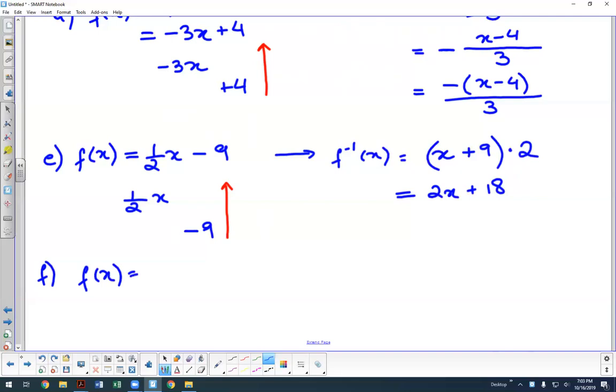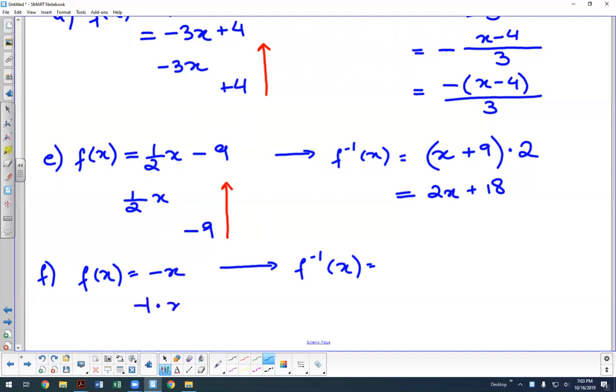For f, you are given f of x equals negative x. Is it negative x? It is negative x. Because here's the math if you want to think about it. Doesn't matter if you think about x as being multiplied by -1 or divided by -1.